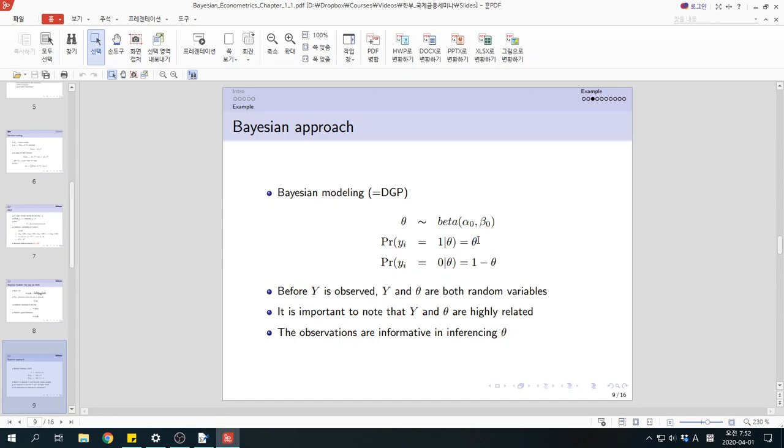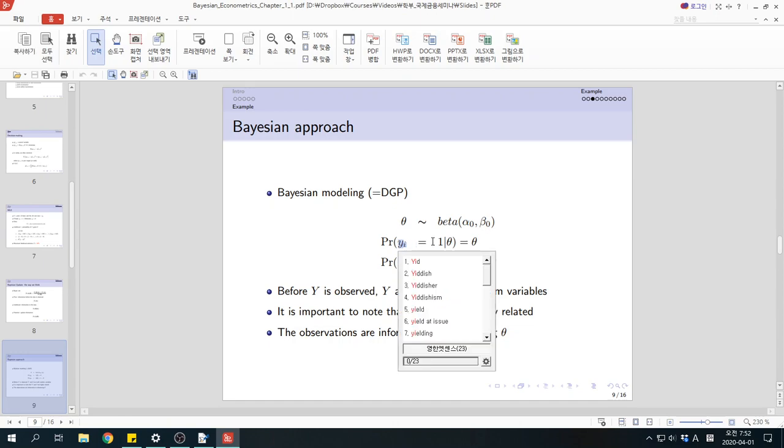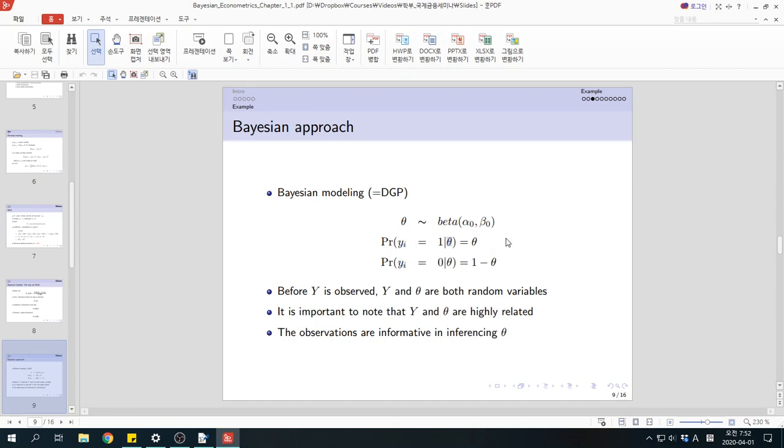Without theta, we have no idea how yi is generated. So yi should be generated given theta. If theta is high, then the probability of 1 will be high. If theta is low, then the probability of 1 will be very low. So the question is, how is theta generated?